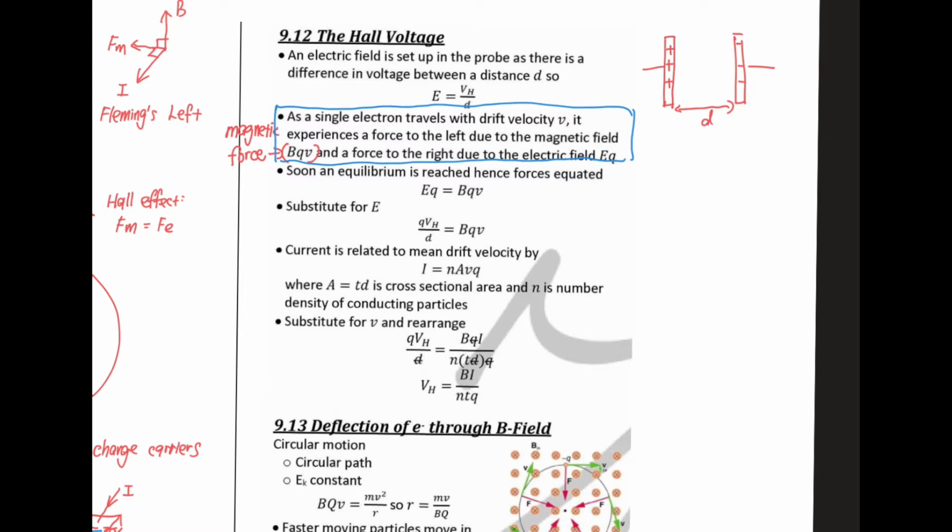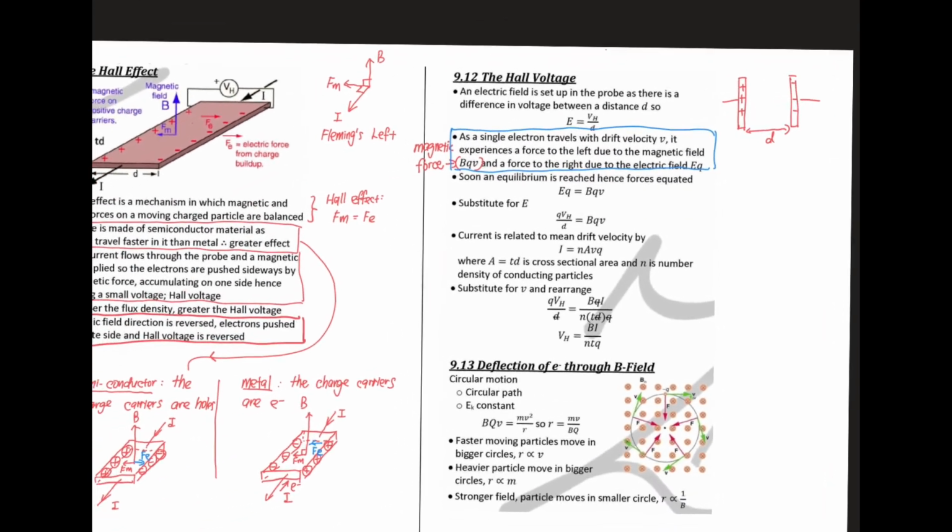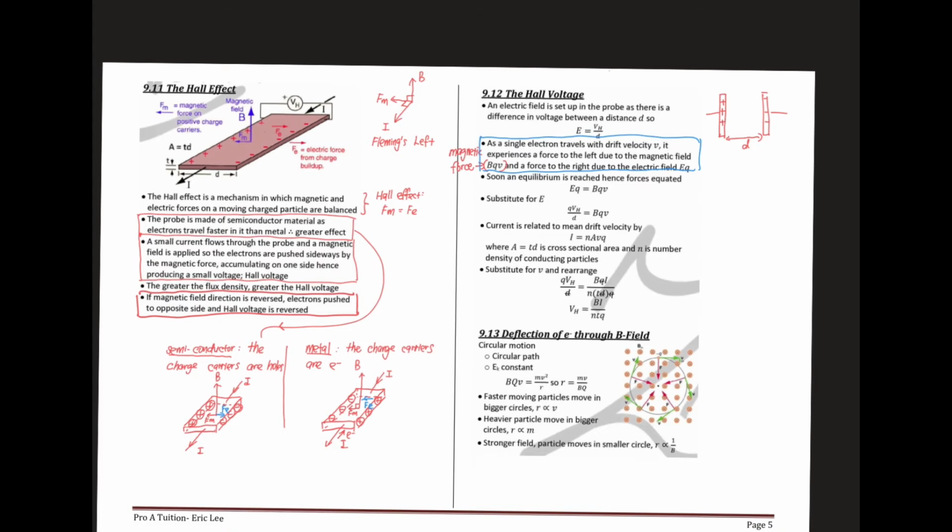Our probe can be semiconductor or metal. So to make everything make sense here, let us put it as semiconductor. If I put it as semiconductor, we need to change a little bit.